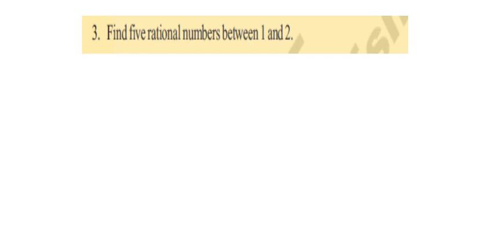So I am going to use the single step method. For that, we require 5 rational numbers to insert between 1 and 2. Add 1, that means 5 plus 1 is equal to 6. Now you rewrite the given 1 and 2 in the form of p by q with denominator 6.